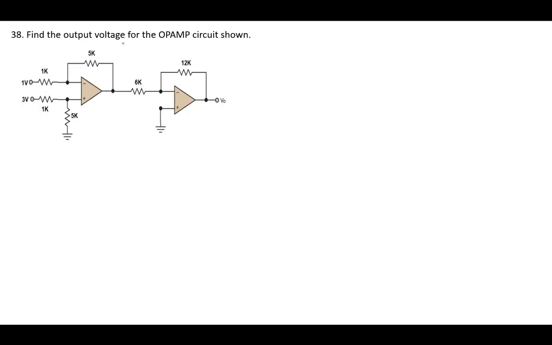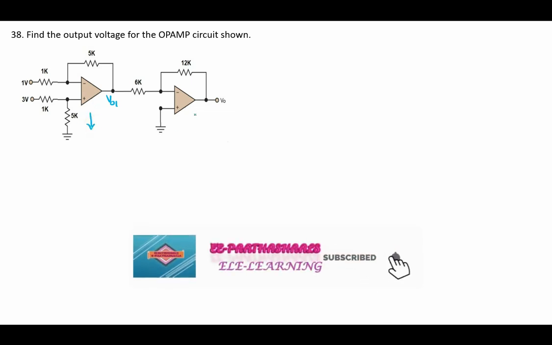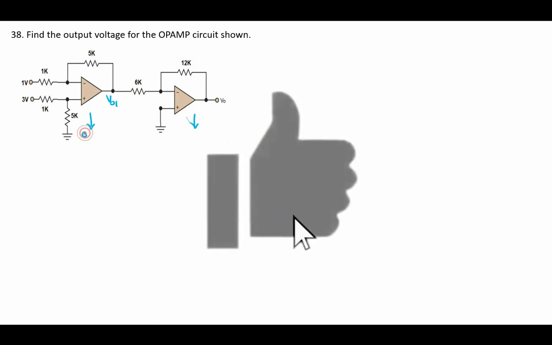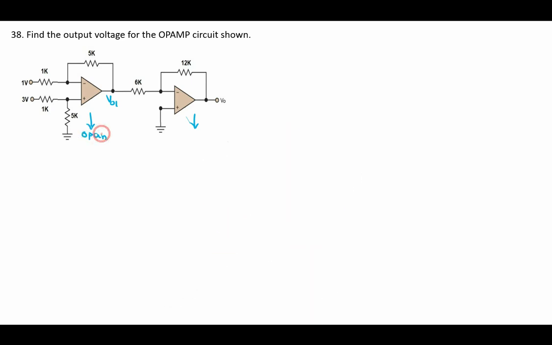Find the output voltage for the op-amp circuit shown below. Now, before you go into the actual equation, let me mark this as VO1, that is the first output, and let me write what these two circuits are. This is an op-amp subtractor. You could notice the values are different.